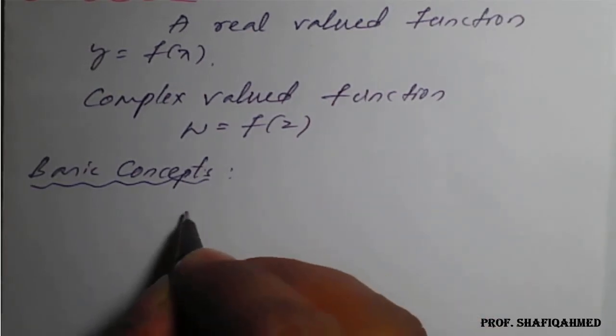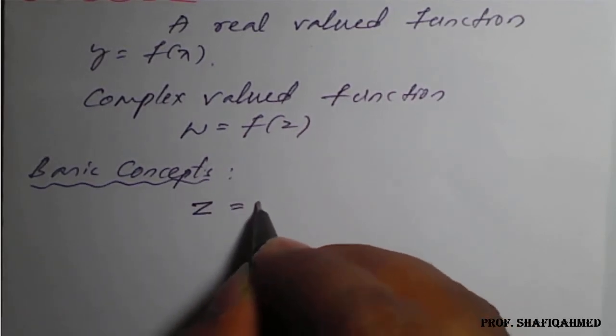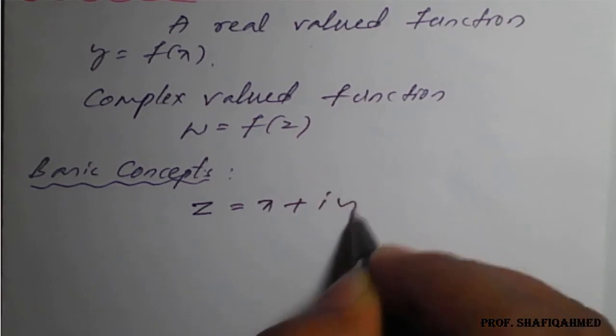So we know that z, which is a complex number, is always given by x plus iy.